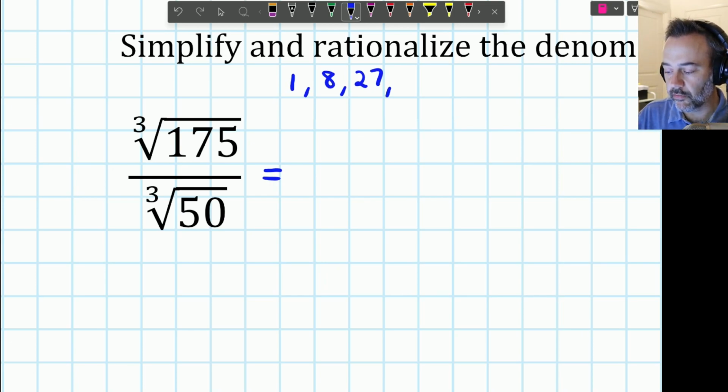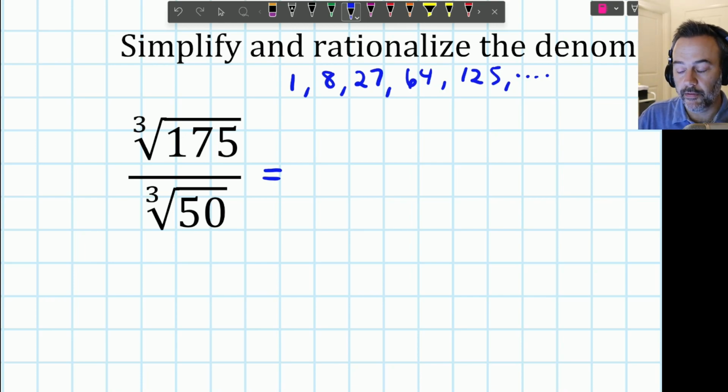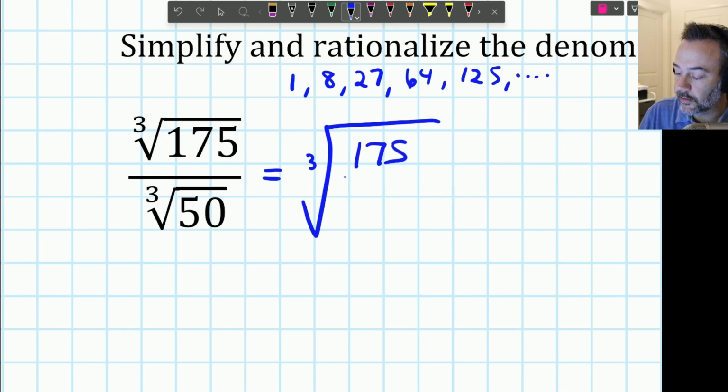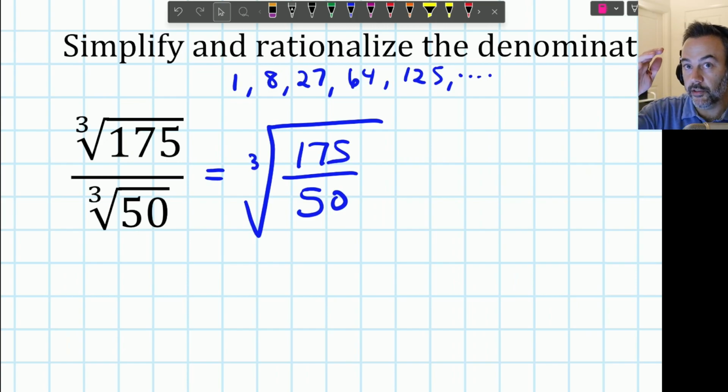If I start going through with like 4 cubed is 64, 5 cubed is 125, etc. None of these are factors of 175 or 50, but I do notice that this is the cube root of 175 over 50. So this is one of the properties in this section. If you have the cube root of the numerator divided by the cube root of the denominator, you can put the cube root over the whole fraction. And this fraction does reduce.